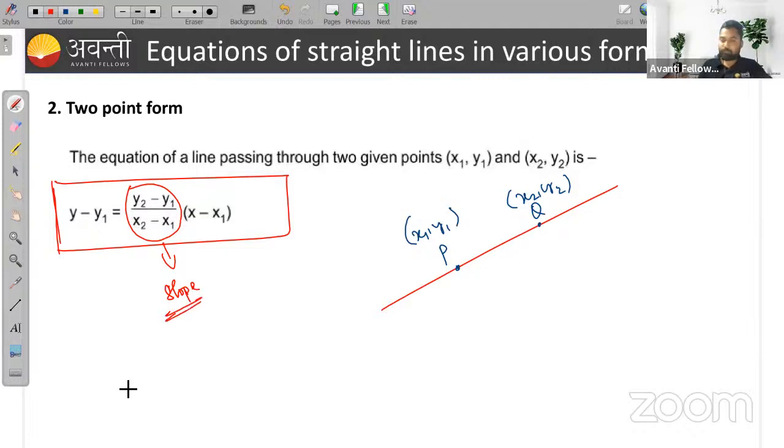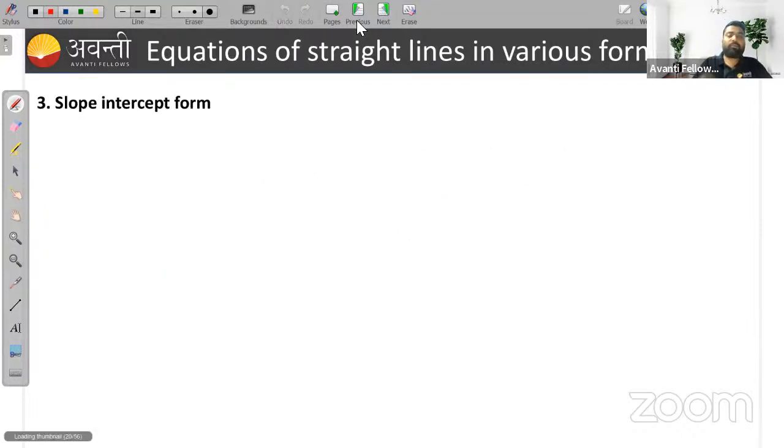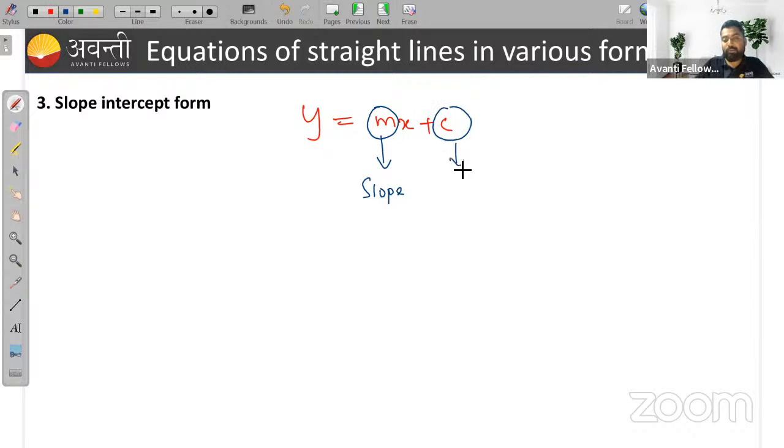Clear? Then the third is the slope intercept form, that is y is equal to mx plus c. Here in this equation, m represents the slope of the line and c is the y-intercept.